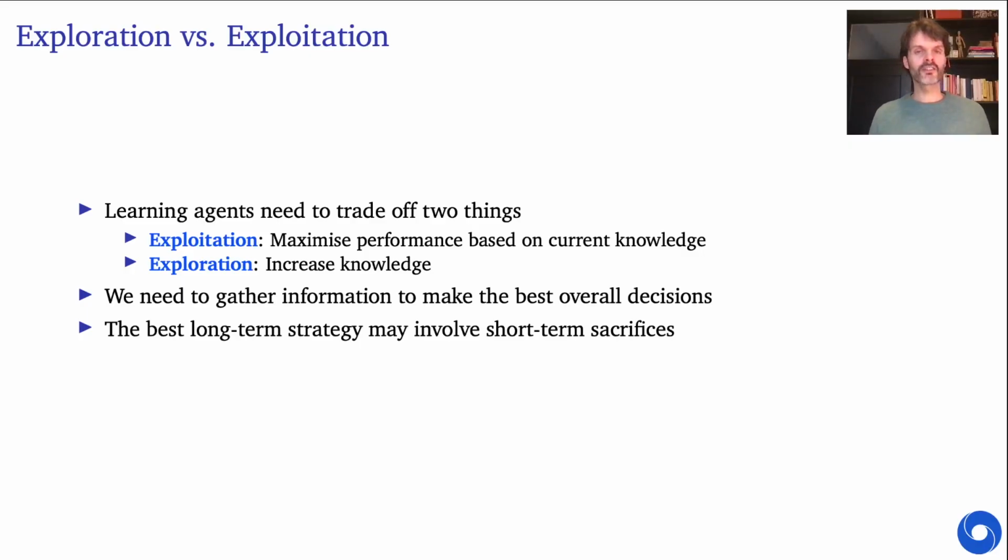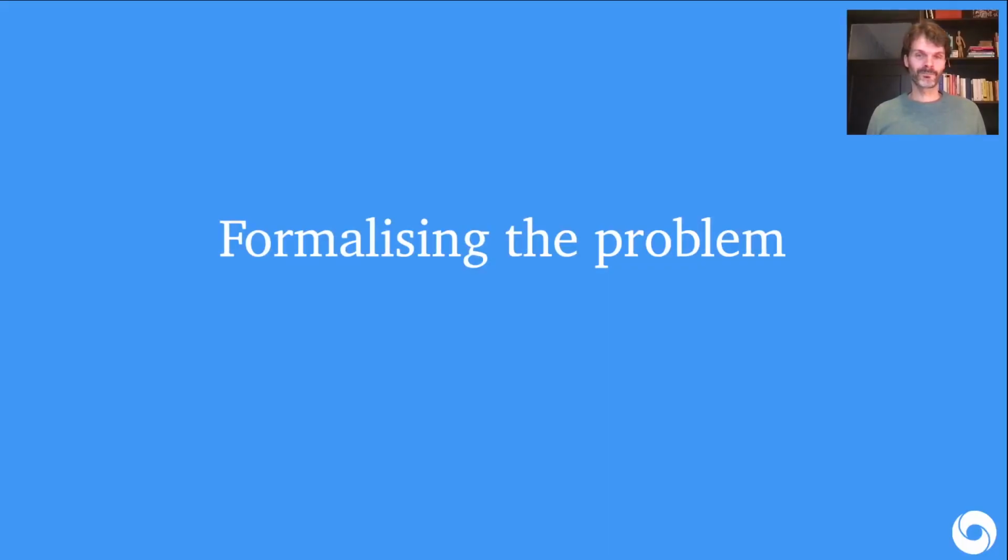Sometimes you want to try something that you've never tried before, which you think is maybe not that likely to be great, but you have high uncertainty about it. If you never try it, you will never know, and there might be some brilliant rewards to be gathered, but if you never try it, you will never find those rewards. Maybe sometimes you may have to make a short walk through the rain to find a brilliant new place to go to. So now we're going to move towards formalizing the problem.